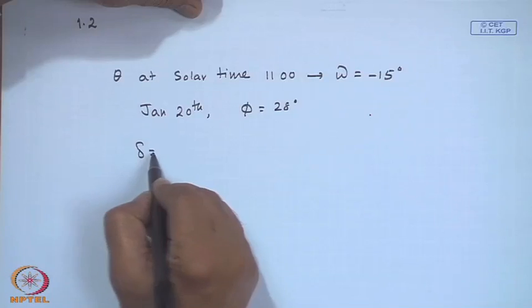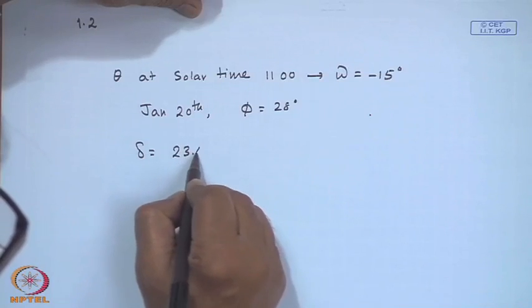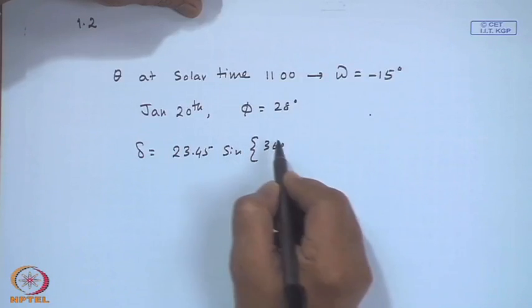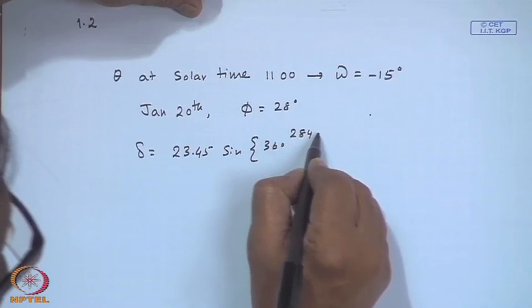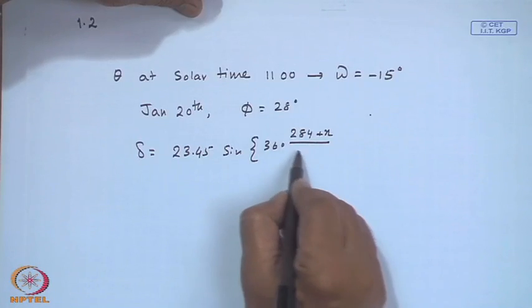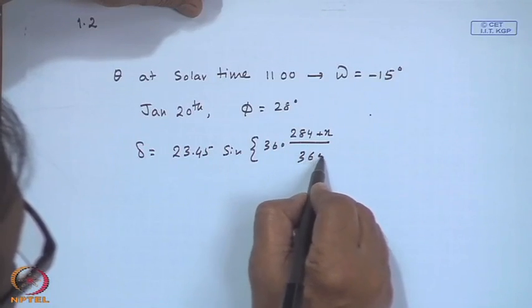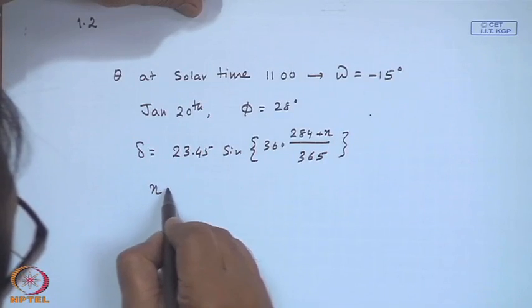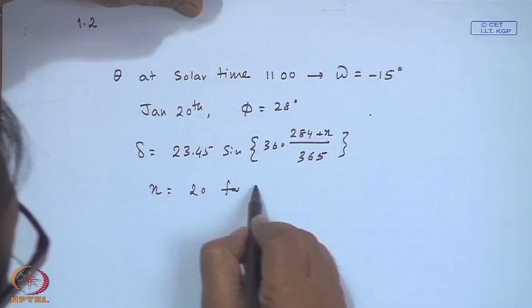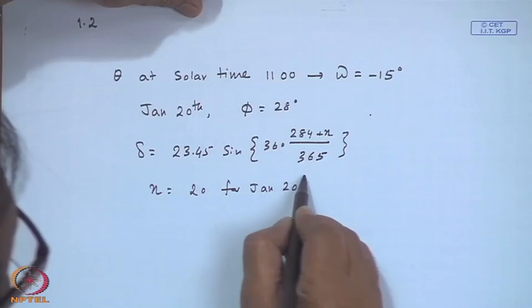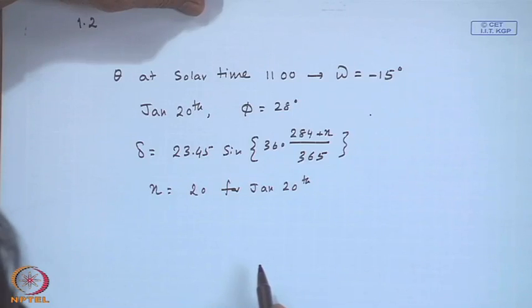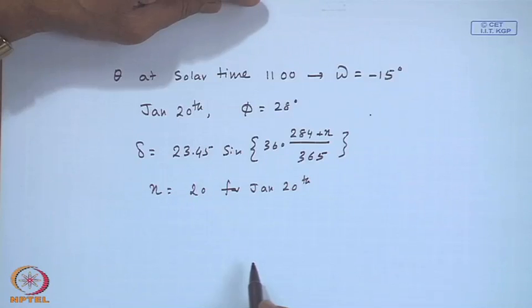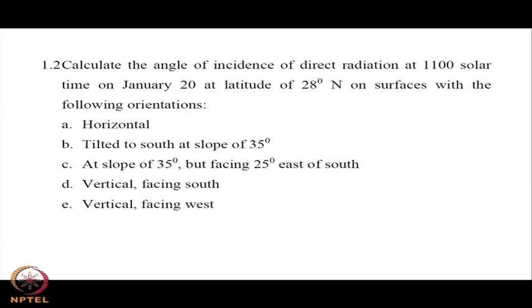The declination will be 23.45 sin[360 × (284 + n)/365], and n will be 20 for January 20th, because n is the Julian day, counting one as January 1st, and so on. Consequently, January 20th will have n equal to 20.